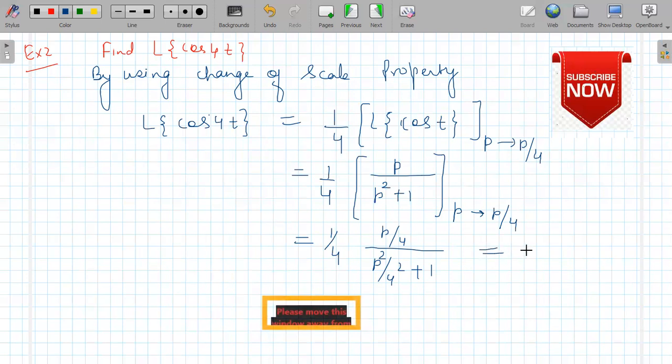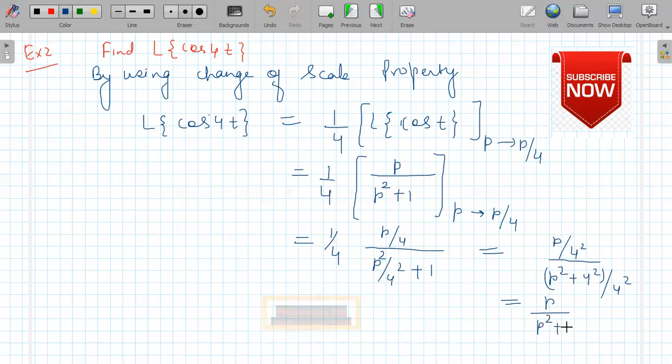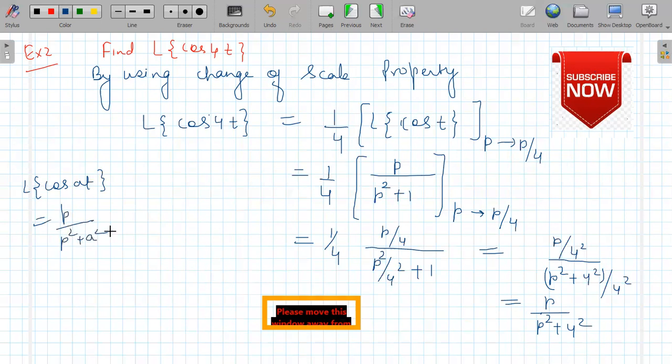This is equal to p upon 4 square, p square plus 4 square upon 4 square, which is p upon p square plus 4 square. You could have written this directly by using the formula of Laplace transform of cos at, which is equal to p upon p square plus a square.